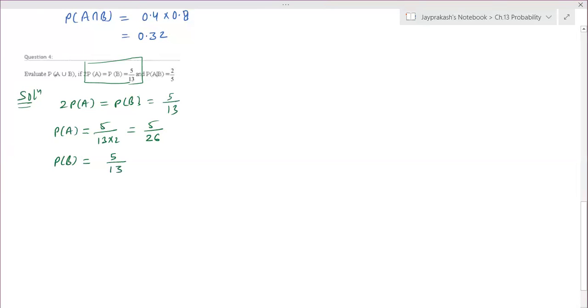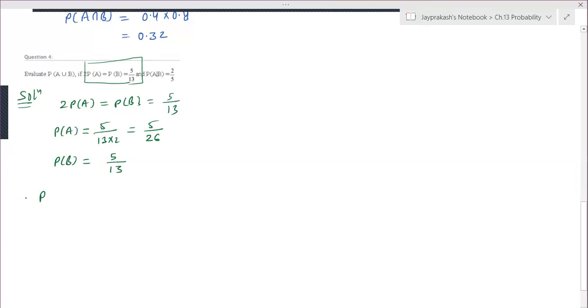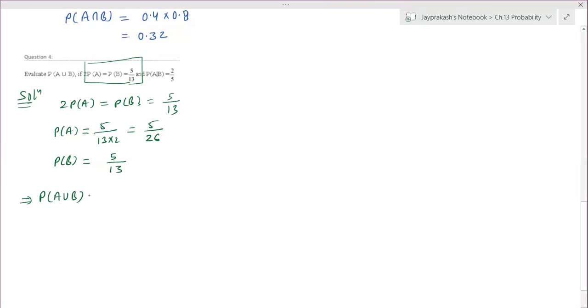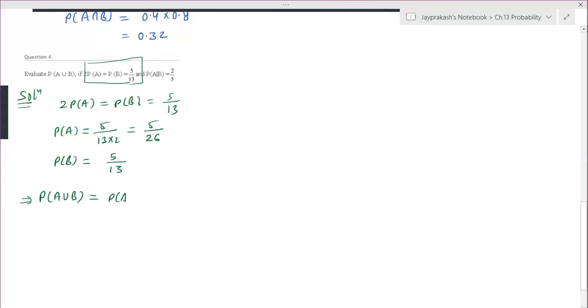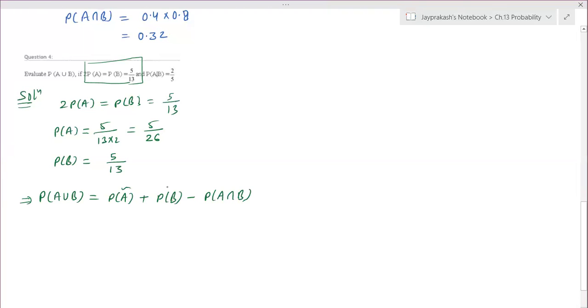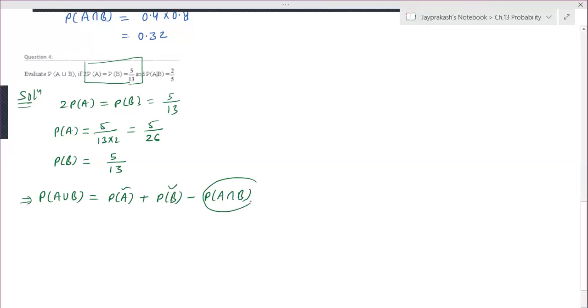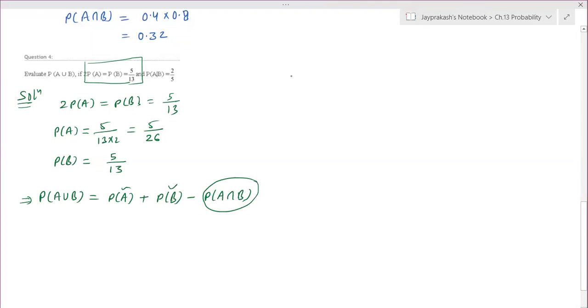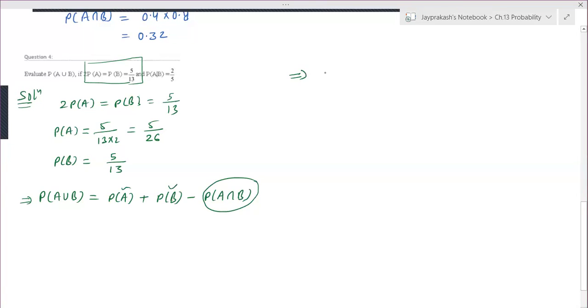Now we have to find P of A union B. We have the formula: P of A union B is equal to P of A plus P of B minus P of A intersection B. Now these two parts are already given. This part is missing, so first we will find P of A intersection B.